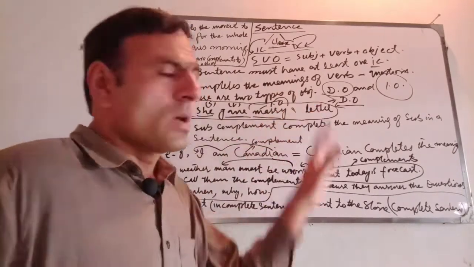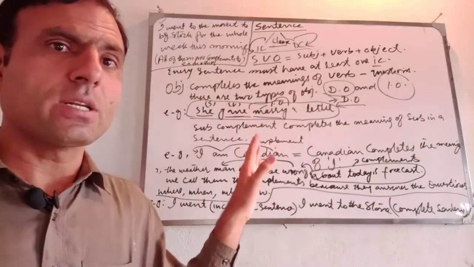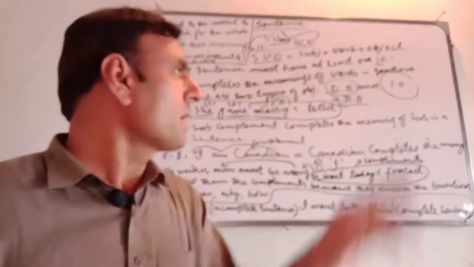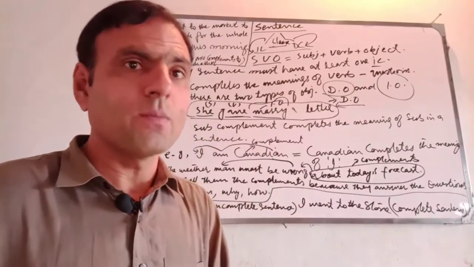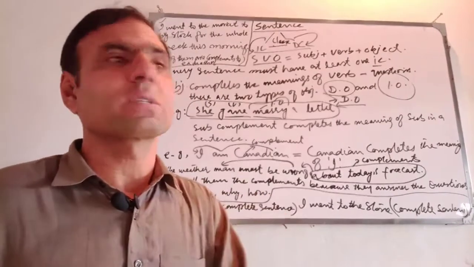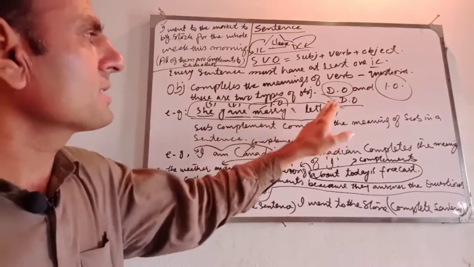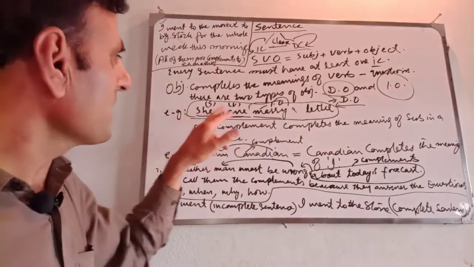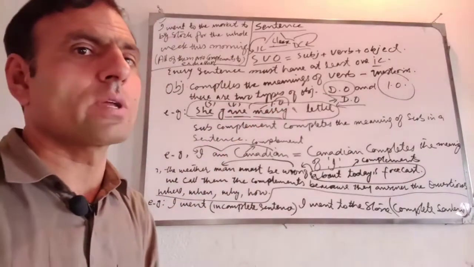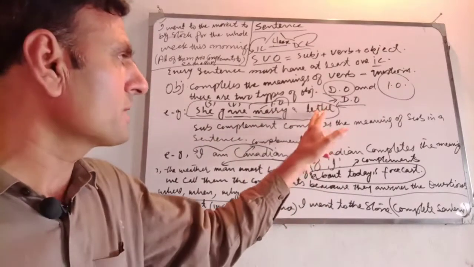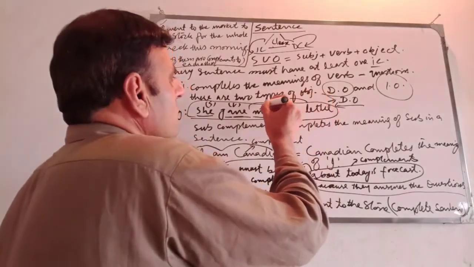Because the action is done on the letter. She did an action which is gave. She did the action on what? On a letter. She gave a letter. To whom? To someone, that's Mary. So this is the indirect object, and that's the direct object in a sentence. Mary is also an object, but an indirect object, not direct. The direct object is letter. The direct object is given to the indirect object. Okay?